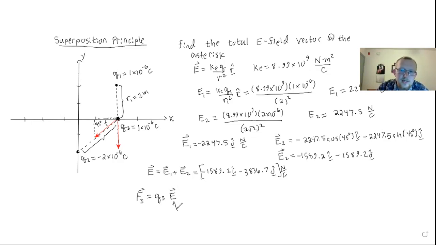So this is what we just calculated using the superposition principle and vector addition. Okay, we dropped a charge Q3 in, and this will actually spit out a vector. So this is convenient. Total force on 3 is going to be equal to Q3, which is 1 times 10 to the minus 6 coulombs, times the E field at that point in space, which is what we calculated prior.